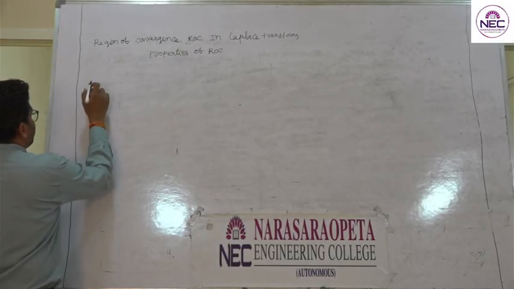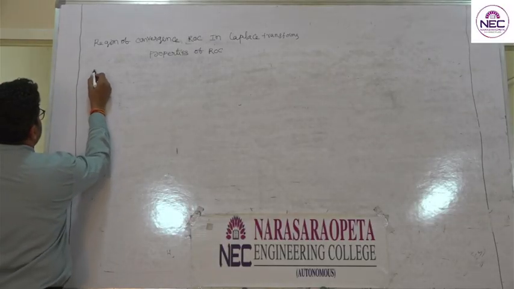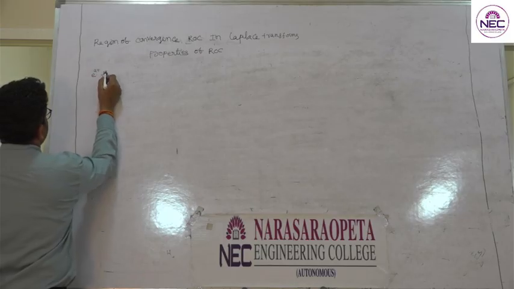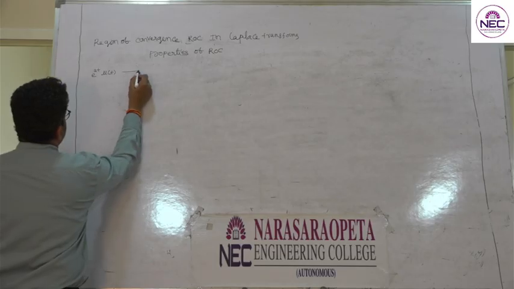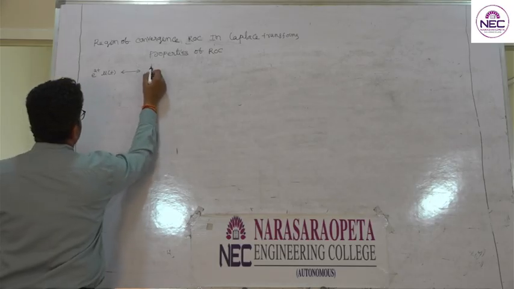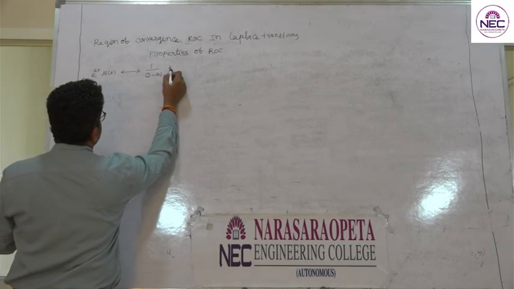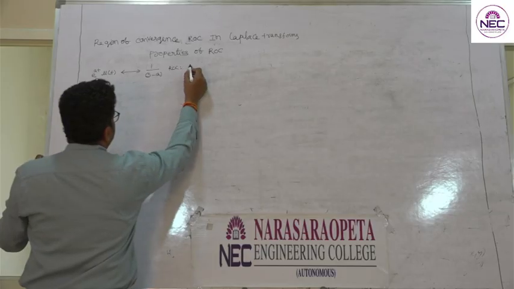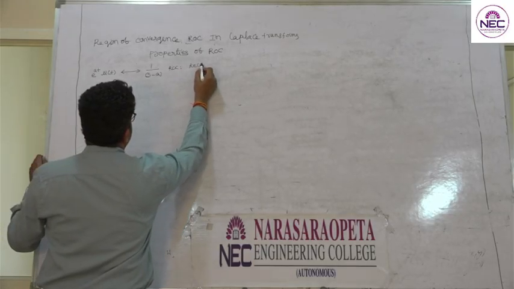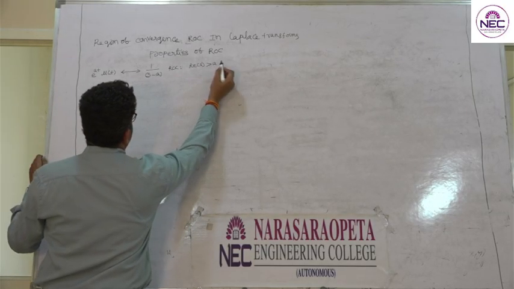In the previous problem, the first one was e power at u of t, with transform value 1 by s minus a and ROC real part of s greater than a.